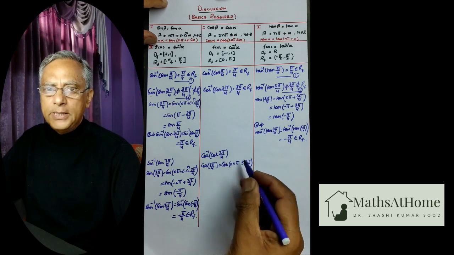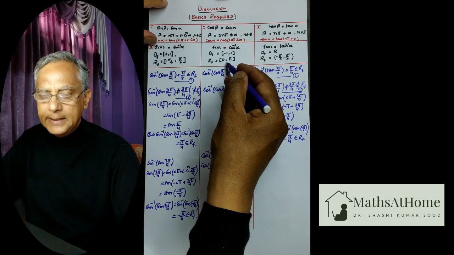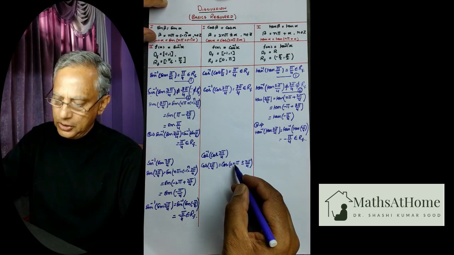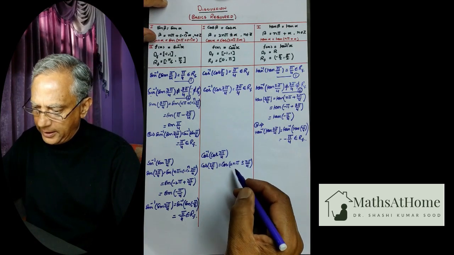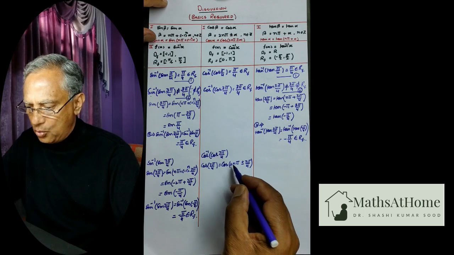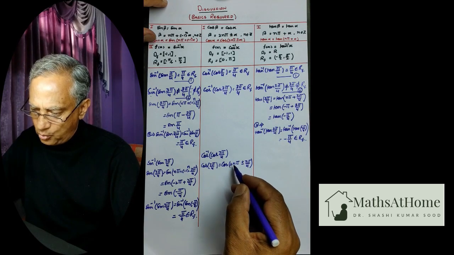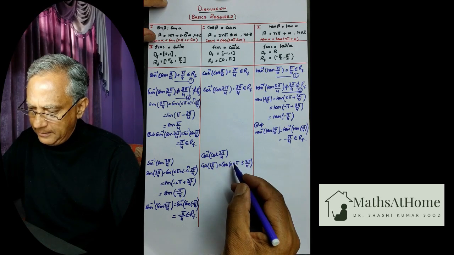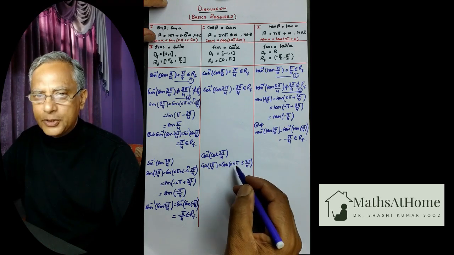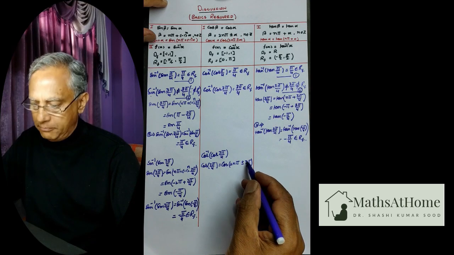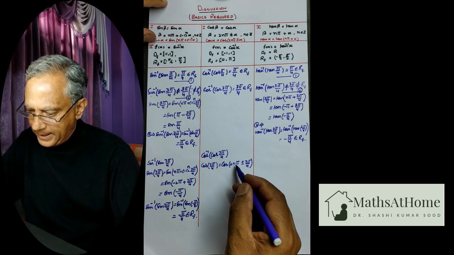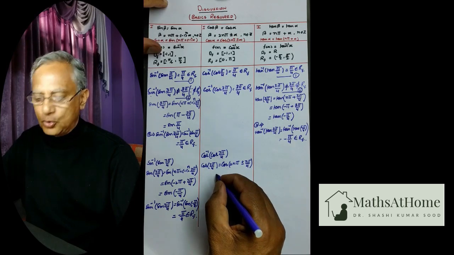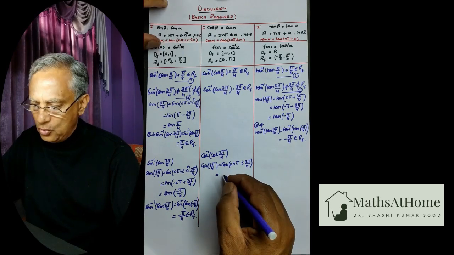Now we have to choose n such that this is within the range of the function. Say n is equal to 1. If n is 1, this will be 2 pi, so 8 pi plus 7 pi by 4 is not within the range. But 8 pi minus 7 pi by 4 is within the range. So take n equal to 1.